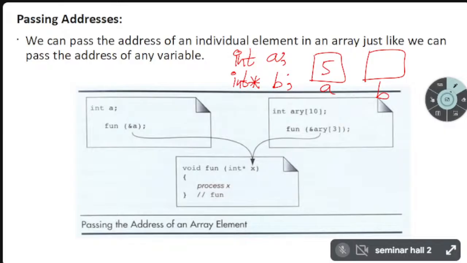Always remember, pointer means related to address, it deals with address. That means this pointer variable holds the address. A normal variable holds the value, whereas the pointer variable holds the address. Simple, that's it. Just note down this example. Make it fast.